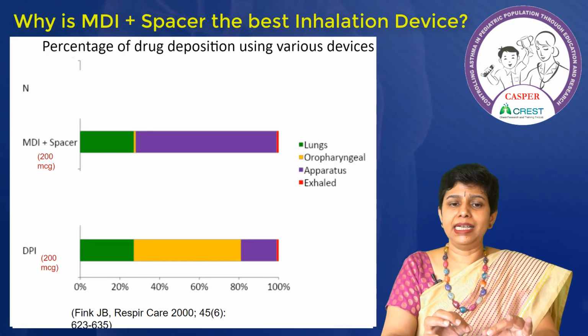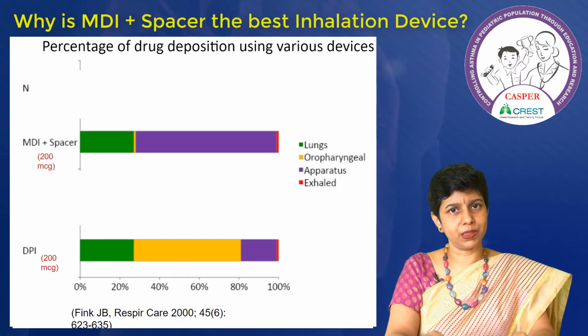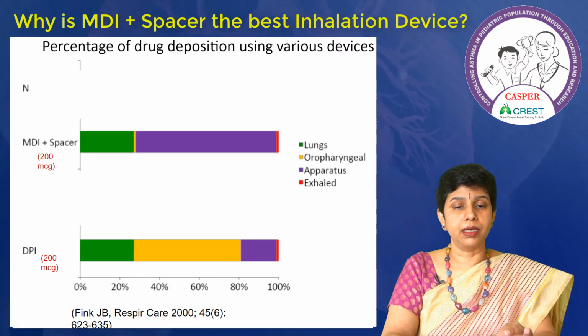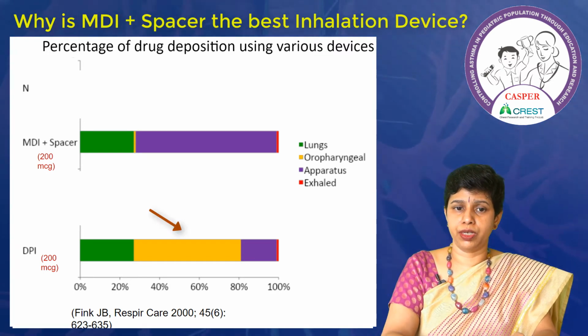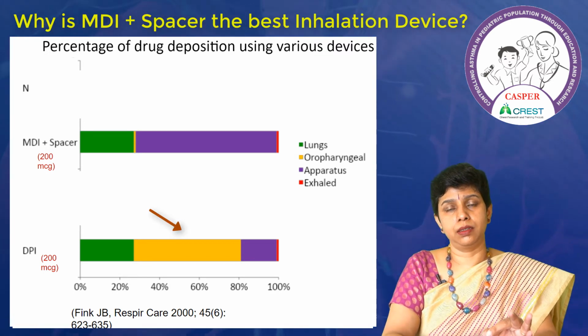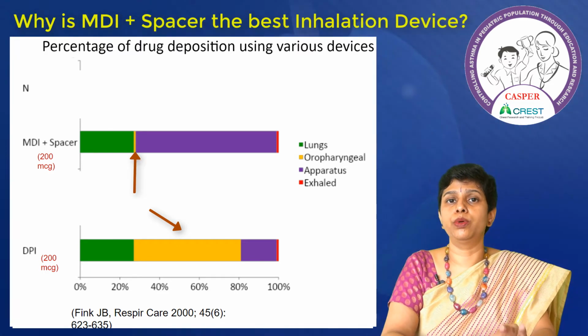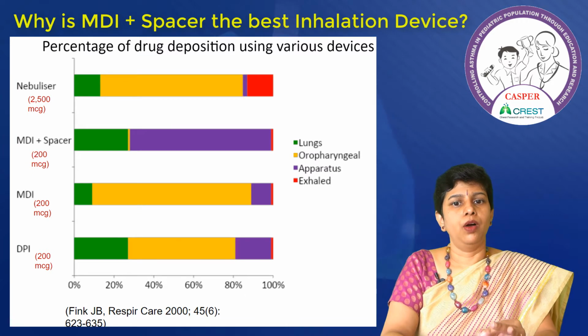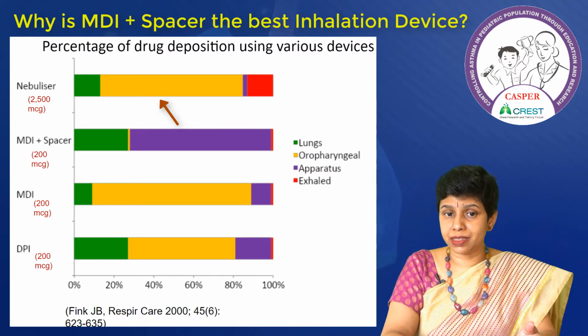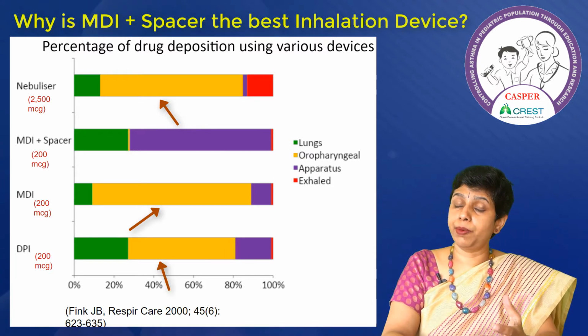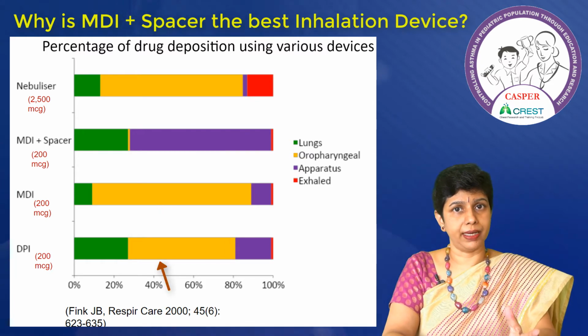Deposition in the lung is best using an MDI and spacer and a dry powder inhaler. But the oropharyngeal deposition with the dry powder inhaler is much higher as compared to an MDI and spacer. Oropharyngeal deposition with nebulizer is very high, with MDI only is very high, with dry powder inhaler is also quite high.